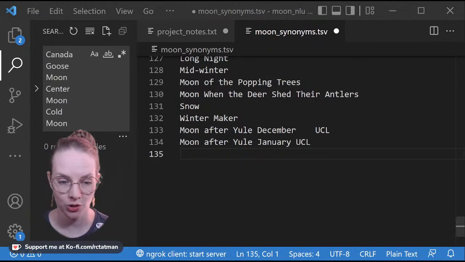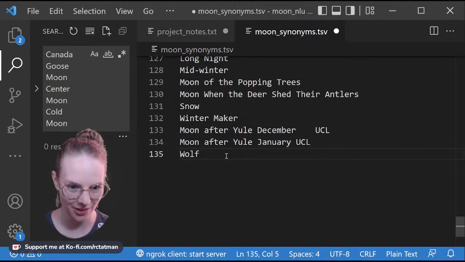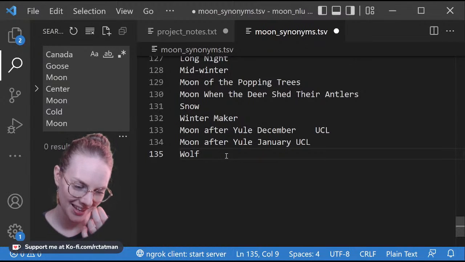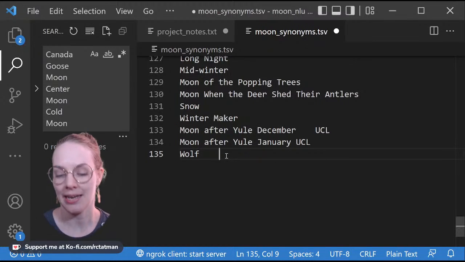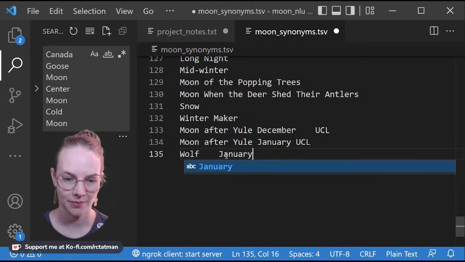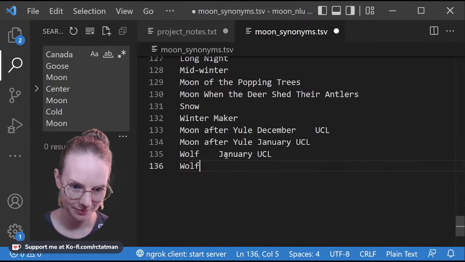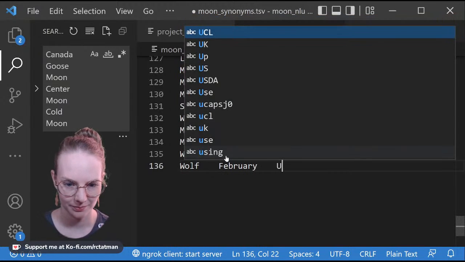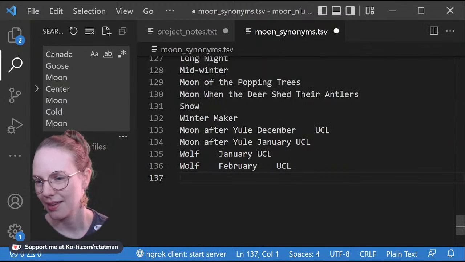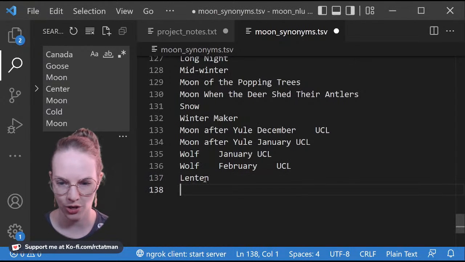Okay, and then the next moon, which is the wolf moon, can occur, I guess the problem with doing a TSV by hand is that sometimes you trigger autocomplete when you don't mean to. Can occur in January. Or it can occur in February. Etc. So I'm just going to do these like so.